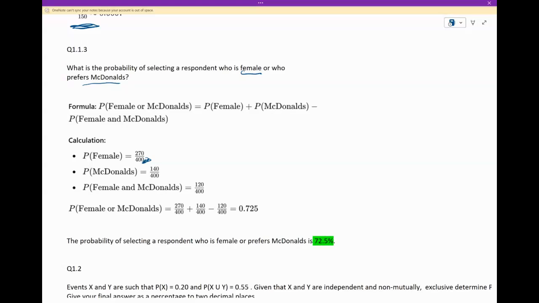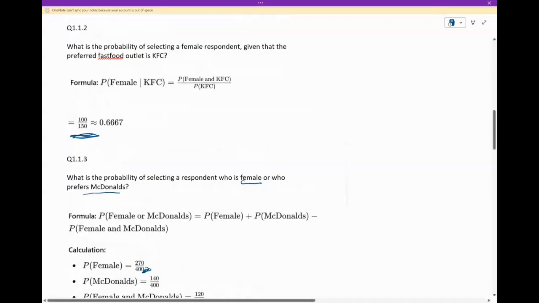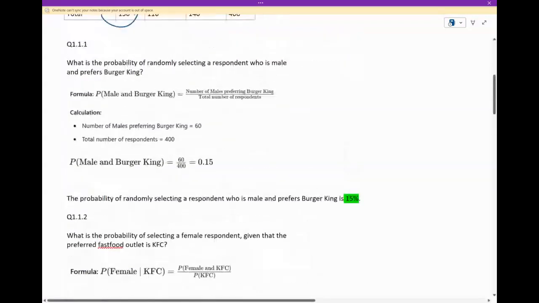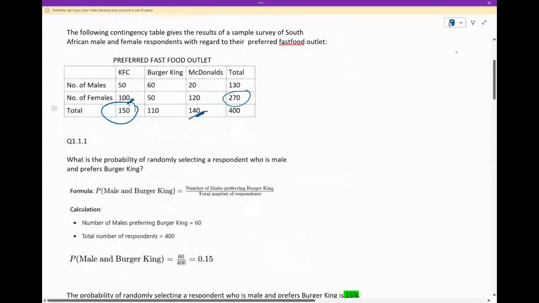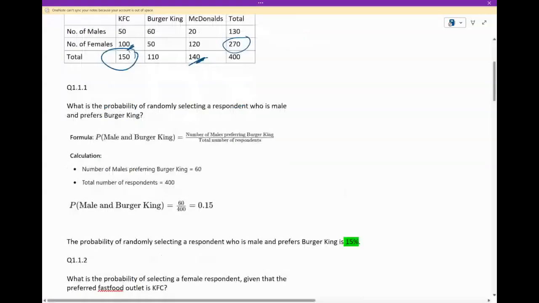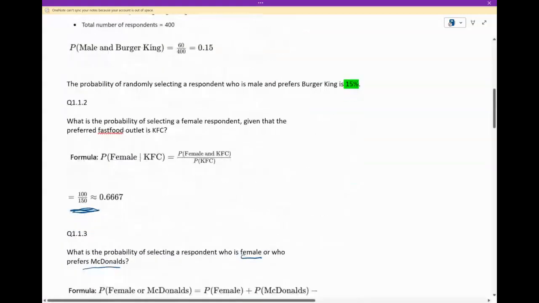Then the second probability is the respondent preferring McDonald's. This can be male, this can be female. How many prefer McDonald's? We have a total of 140, so 140 divided by 400.